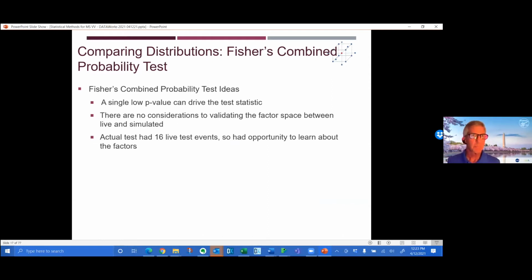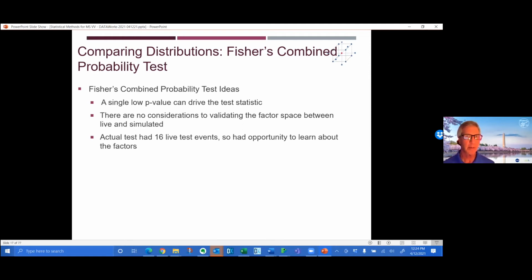Just some things about Fisher's combine: it can be used, and is encouraged when it's a go-to need. But generally speaking, it's sensitive to a single low p-value that can drive the test statistic, so it can be influenced by what we would call an outlier.